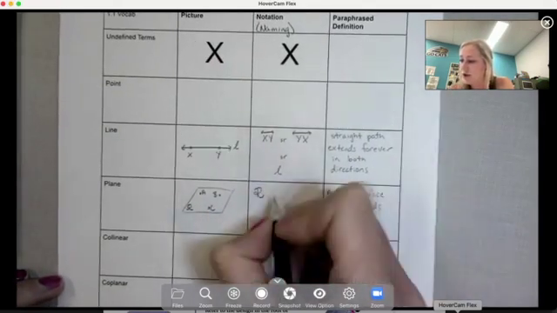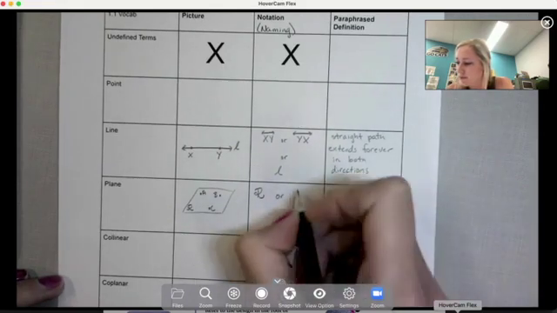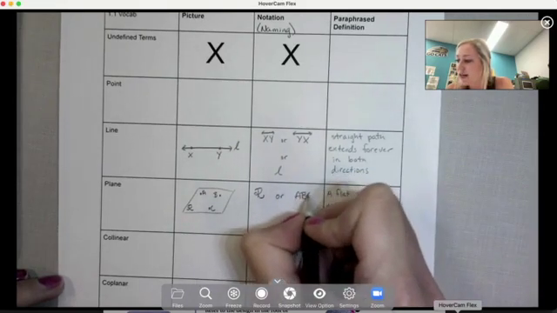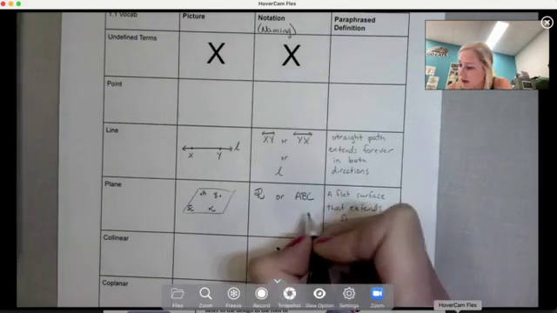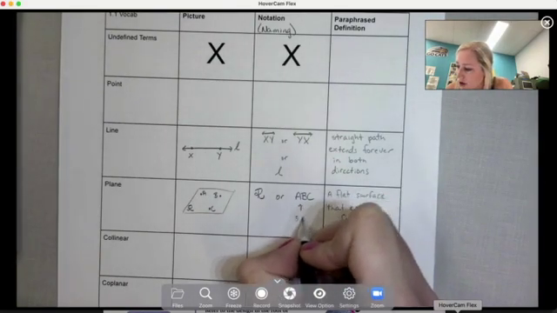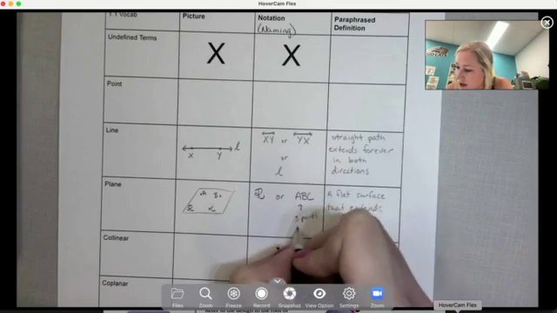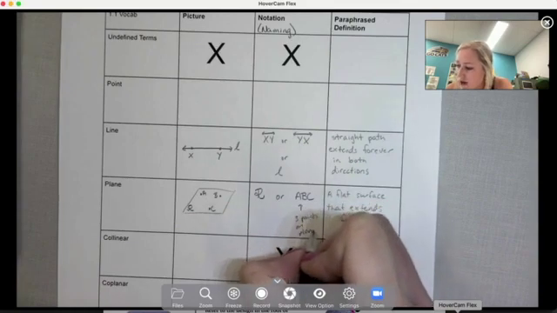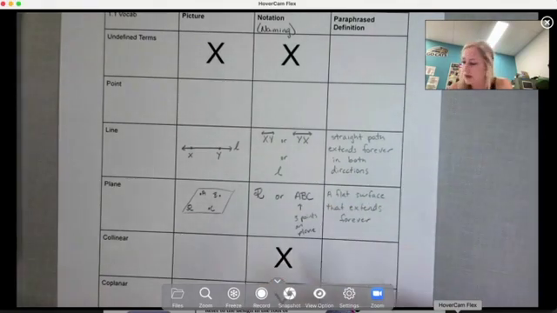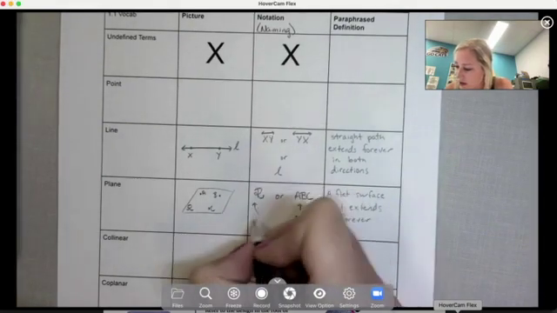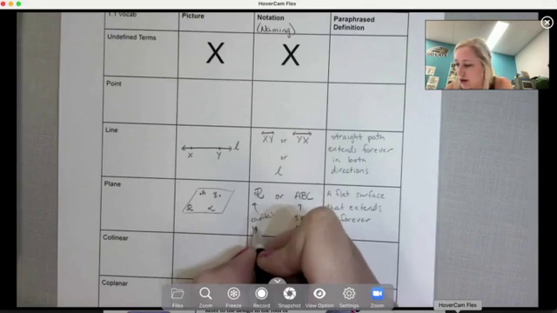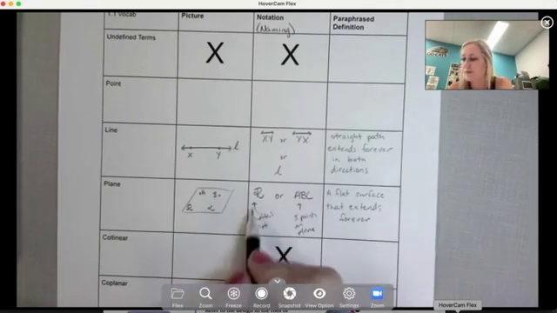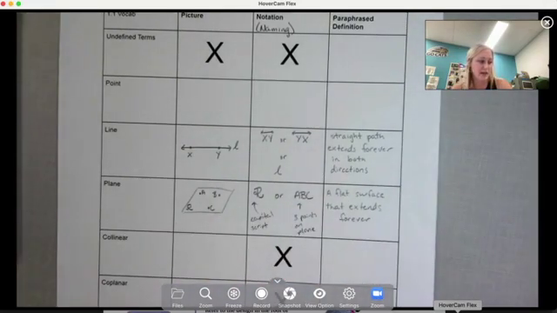So we can use that, or we can say 3 letters together. Okay, so these have to be 3 points on the plane. And the capitalized script, just in case you can't tell that's what it's supposed to be, it has to be capital, and they call it script or italicized, but those are the possible ways to name a plane.